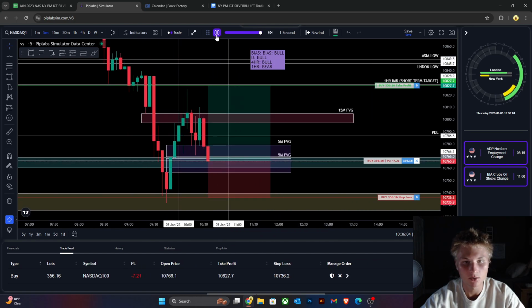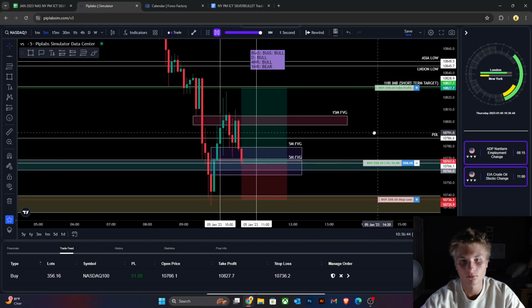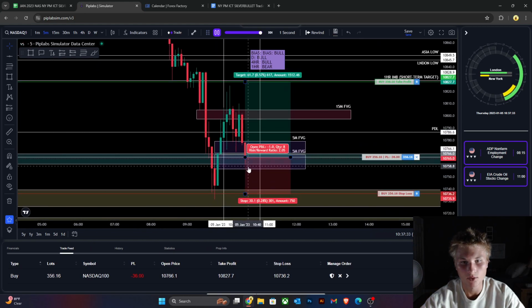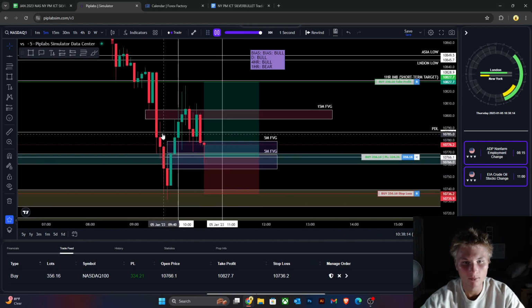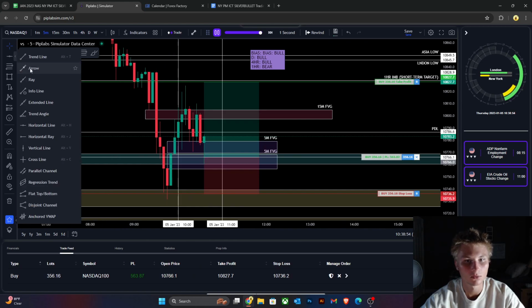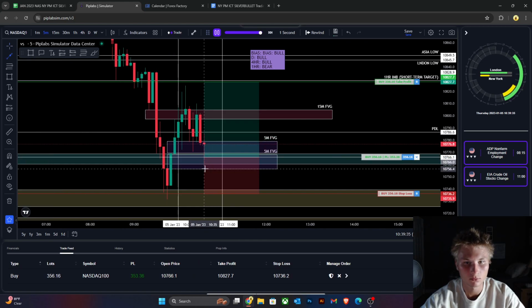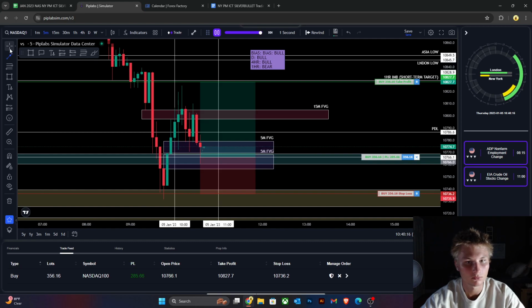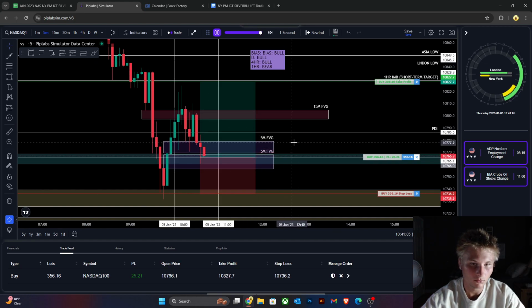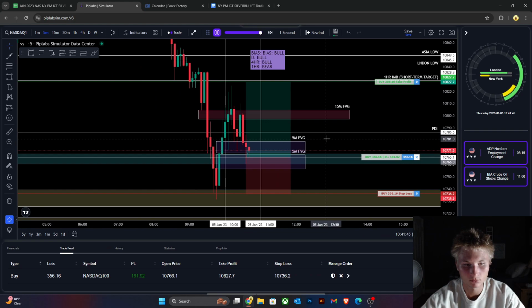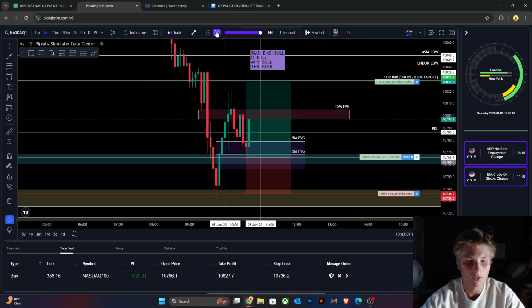Let's see what price can do here. Looks like we could fully fill this 5-minute gap and then reject as well. See if we can hit 1-on-1.